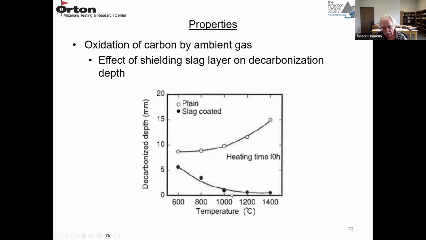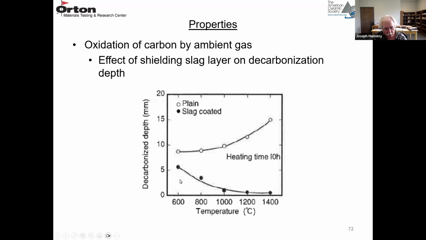as the temperature increases, the carbon depth that's decarburized decreases. So the slag becomes more efficient as the temperature goes up. It coats the refractory hot face.